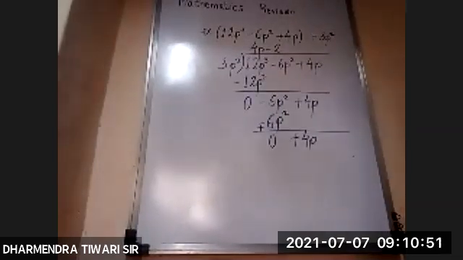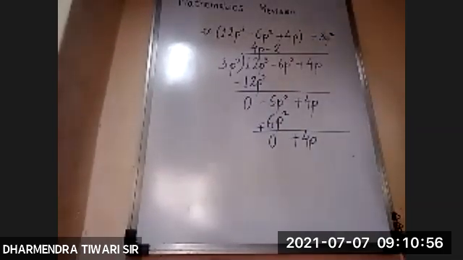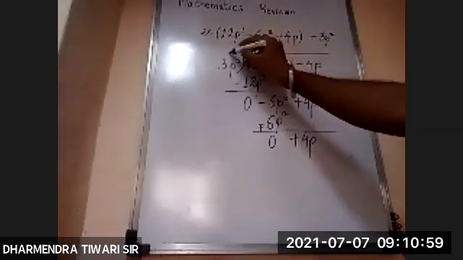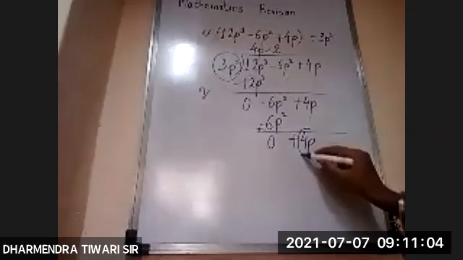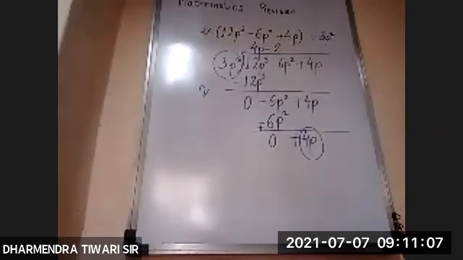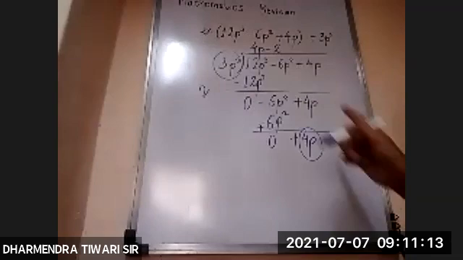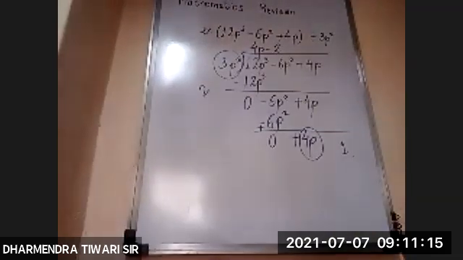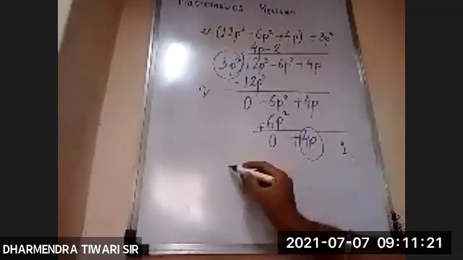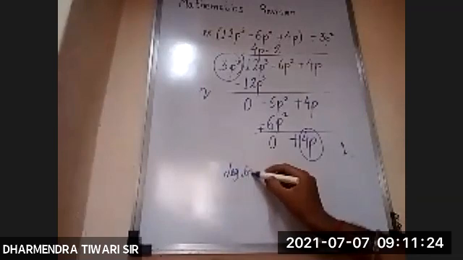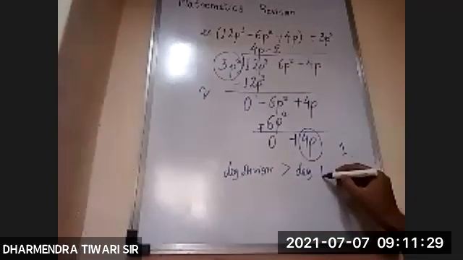Now, what is our observation? See carefully, very important. The degree of the divisor is 2. The degree of your remainder part, or you can say the part of dividend, is 1. Whenever the degree of the divisor is greater than the degree of the dividend, you leave it as it is. So you can write: the degree of the divisor is greater than the degree of the remainder.